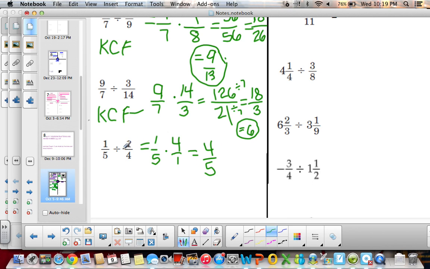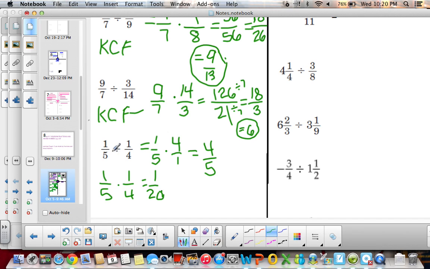So if we divide by a fraction less than 1, okay, if it was greater than 1 it would be a mixed number anyways, but a fraction less than 1, we actually get a bigger number. If we were to multiply and do 1/5 times 1/4, we would get 1/20, which is a lot smaller than 1/5.